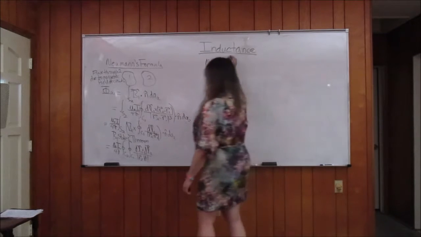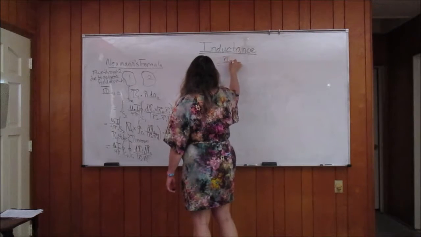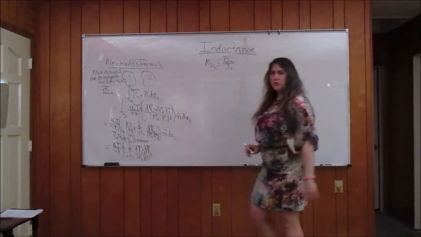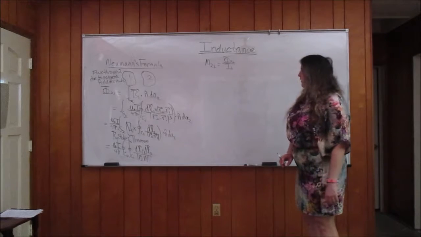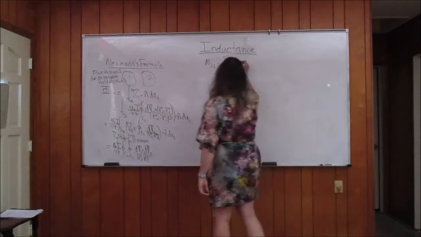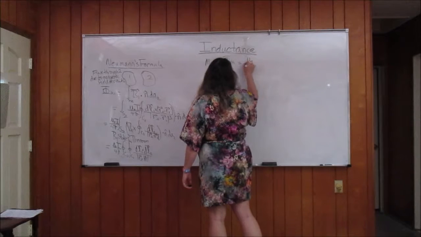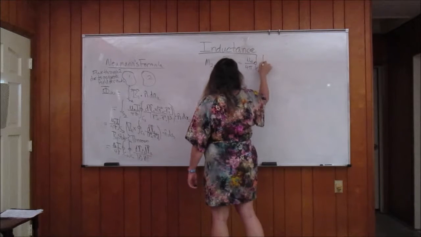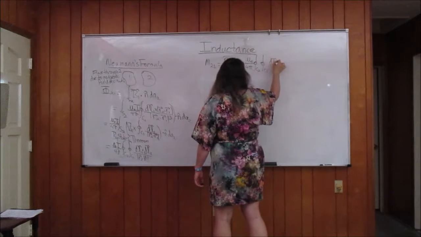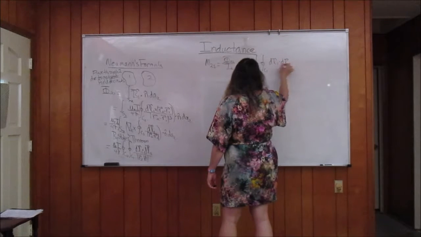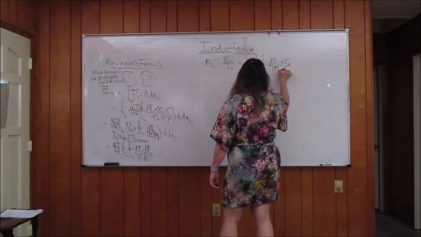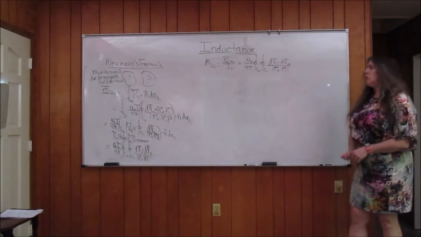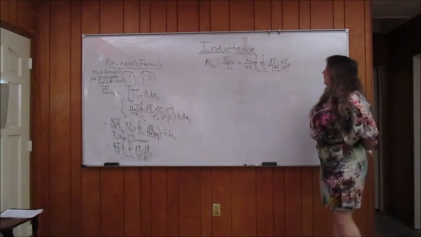So that's just the flux through circuit 2 due to circuit 1 divided by the current carried by circuit 1. And that'll just be equal to mu naught over 4 pi, the double integral over C2 and C1 of the dot product of dl1 and dl2 over the magnitude of the separation vector.